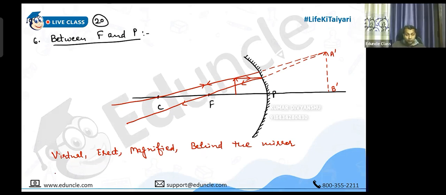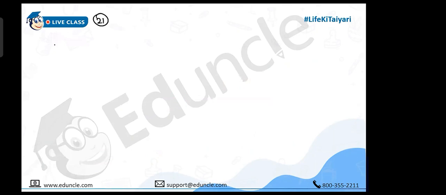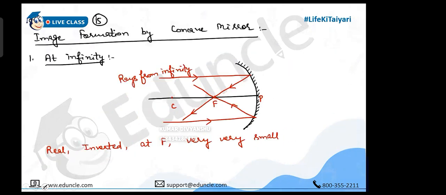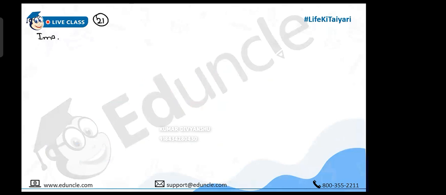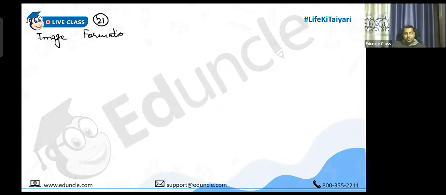And what are the cases in case of convex mirror? So only two cases. Object at infinity and then every case would be virtual. Yes. So image formation by convex mirror.